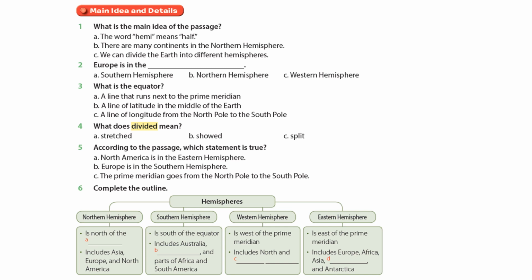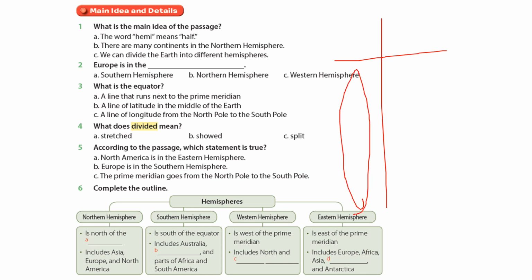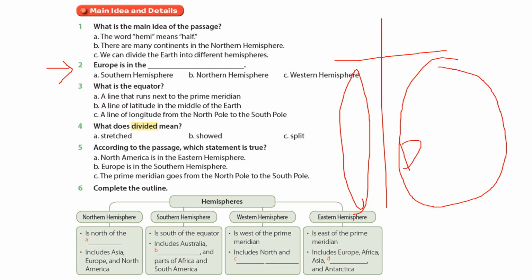Then where would you be looking? You should be looking at the main idea side, right? But for these ones, Europe is in the blank hemisphere. 이거는 main idea가 아니죠, right? Then you gotta be looking at your answers in the detail section. 그래서 우리는 핵심 아이디어와 디테일을 정확히 구분하는 거를 이 교재를 완성하면서 배우게 될 거예요.